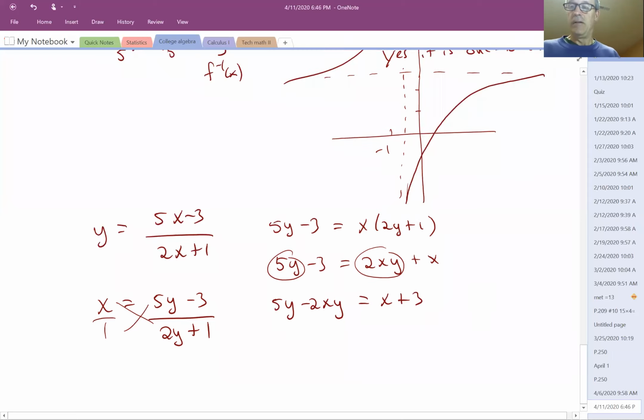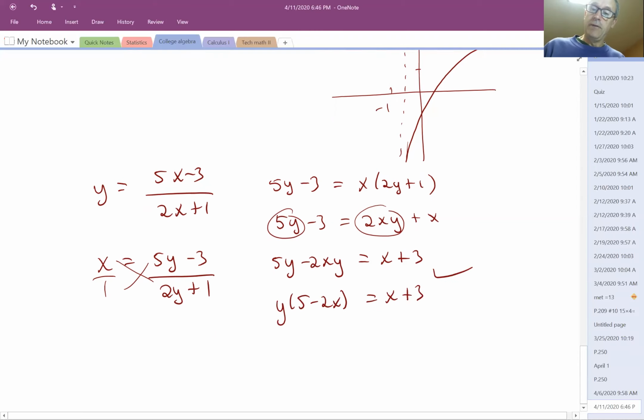This really ain't that hard. It seemed I said a little bit harder, really ain't. Factor the y out. This is the part you better pay attention to, that step right there. Factor the y out. And then divide. So y equals x plus 3 over 5 minus 2x. So that's the inverse. X plus 3 over 5 minus 2x.